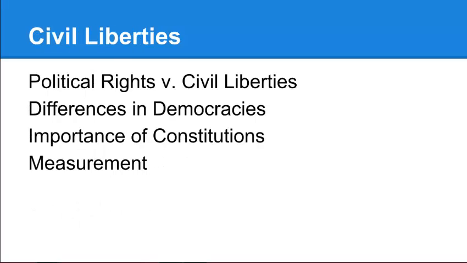The third major part that influences public policy is civil liberties. Now, there's a difference between political rights and civil liberties. Political rights is a focus on equality of the people, while civil liberties is the focus on the freedoms of the people. Now, within democracies, the basic guarantees of civil liberties that are accessible to everyone who is a citizen of any type of democracy is free speech and the freedom of association.